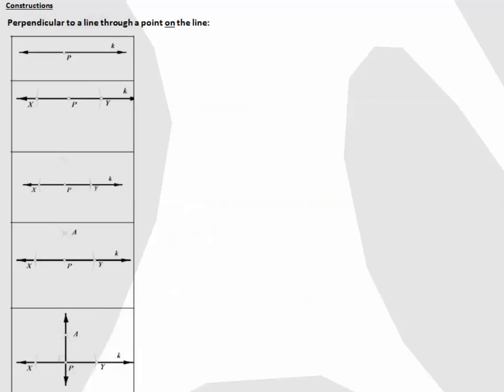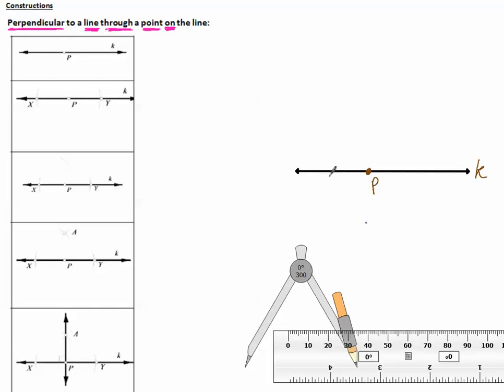Let's take a look now at some important constructions that we have to know. The first one being a perpendicular, drawing a perpendicular to a line through a point that is on the line. So what kind of picture is that going to be that we start with? So here's a picture of what we'll start with for this scenario.